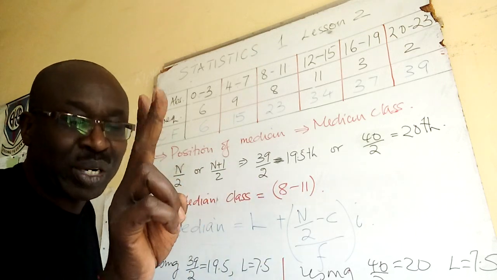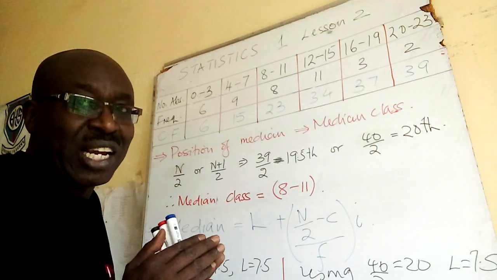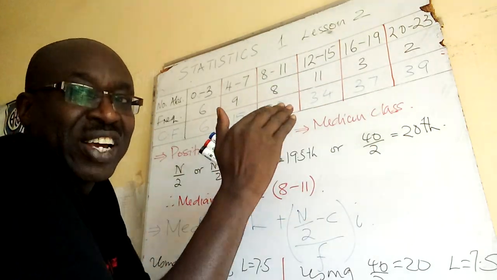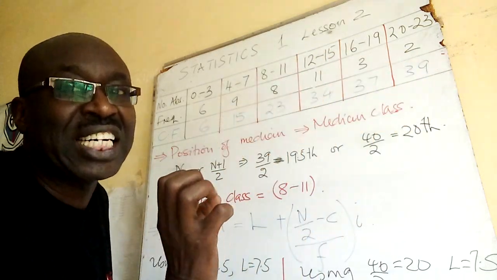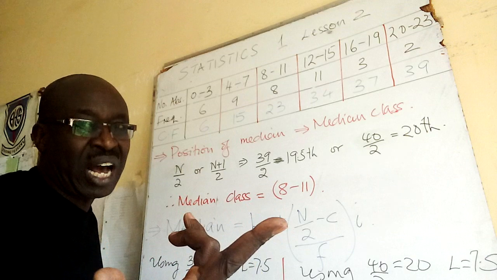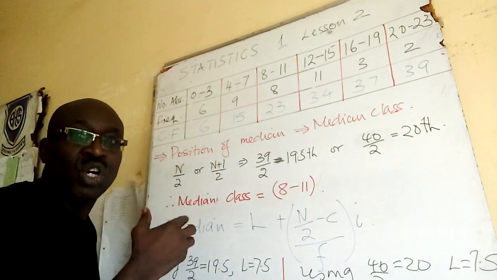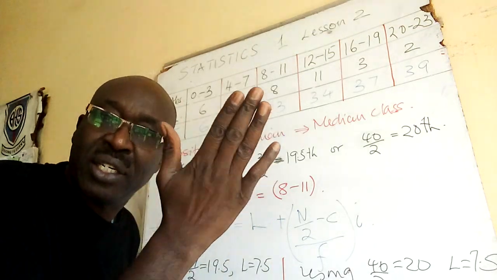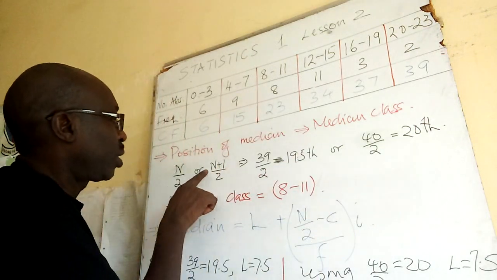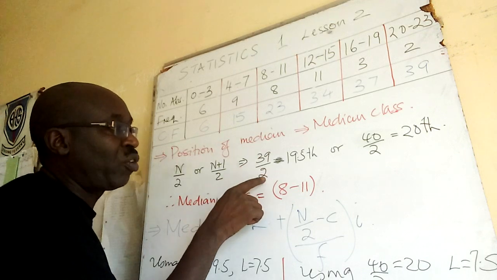Bullet number 2. When you get position, and that position is within a given class, you can give that class. So how do you get position? I told you 2 things are acceptable. N over 2 or N plus 1 over 2. So I'm doing both so that you see. If I take the version of N over 2, it will be 39 over 2.